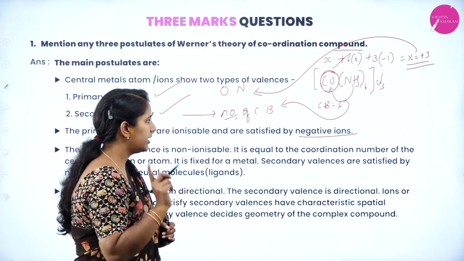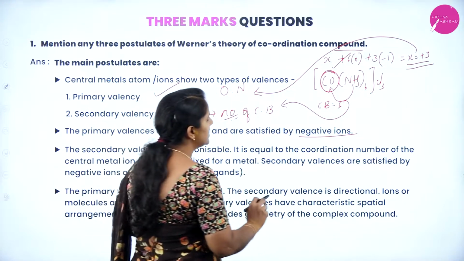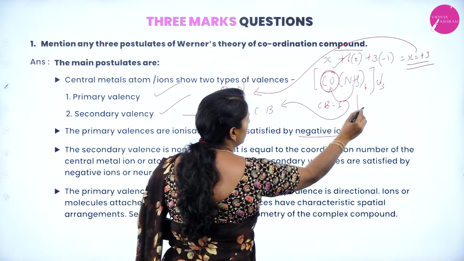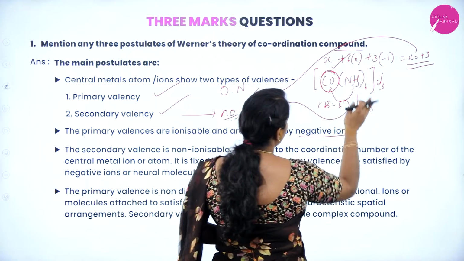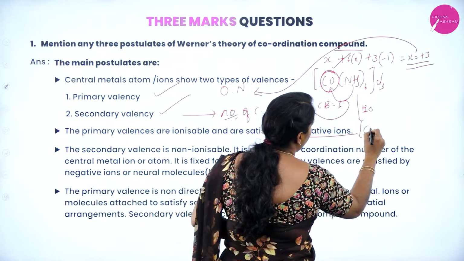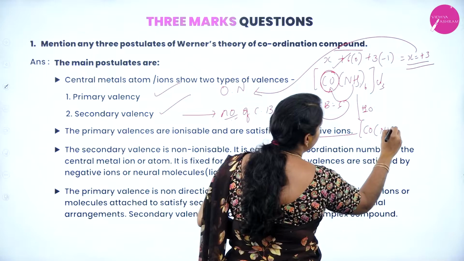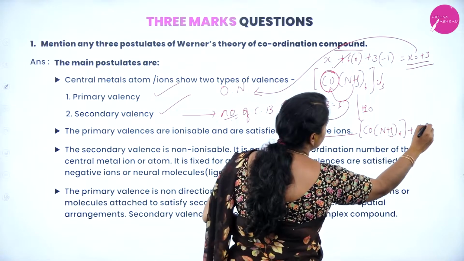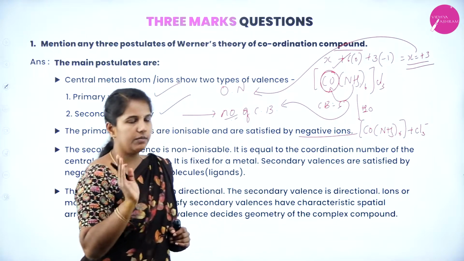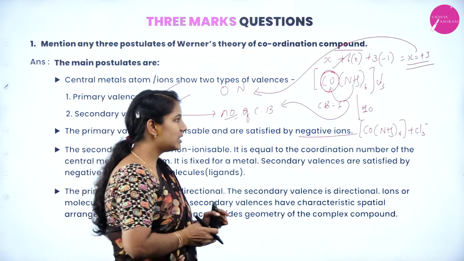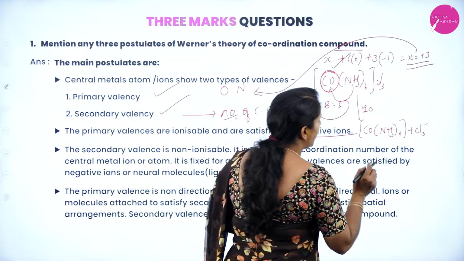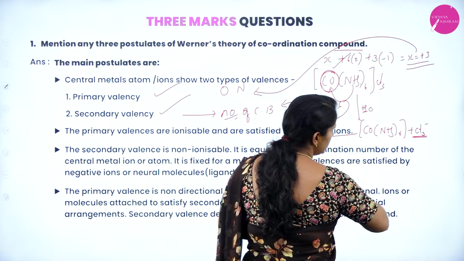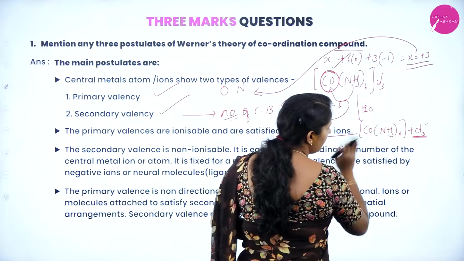That is why, if you dissolve this complex in water, what does it form? It forms [Co(NH3)6] 3+ plus 3Cl- ions. So this reaction indicates that the primary valency is balanced by negative charges and is ionizable.